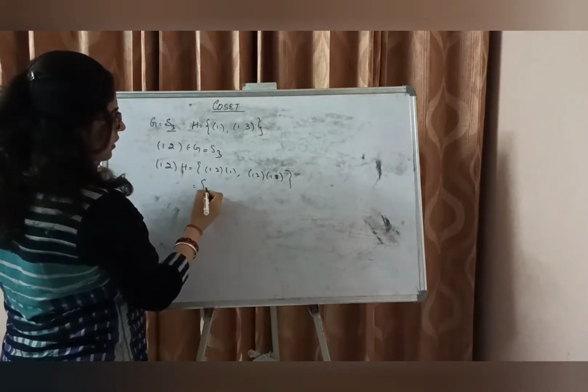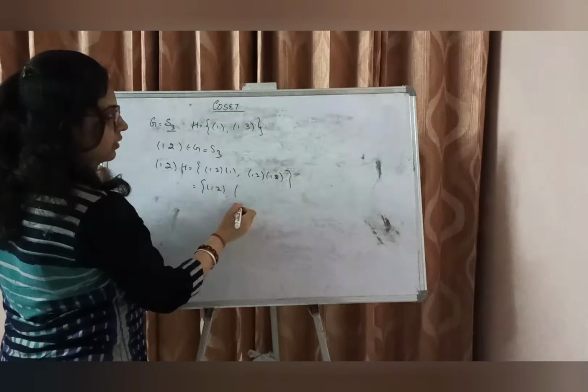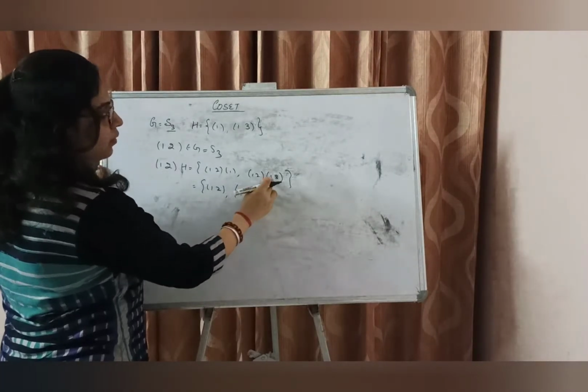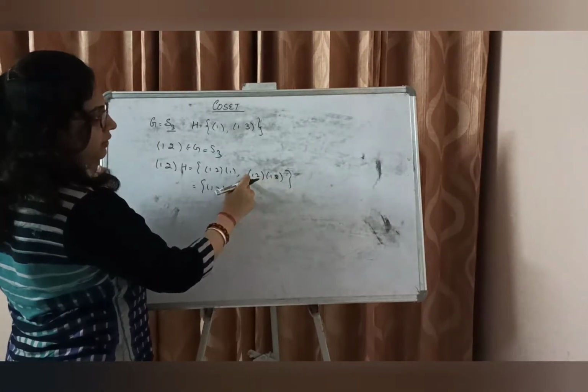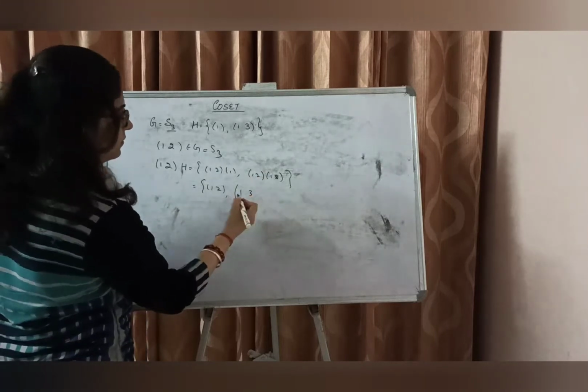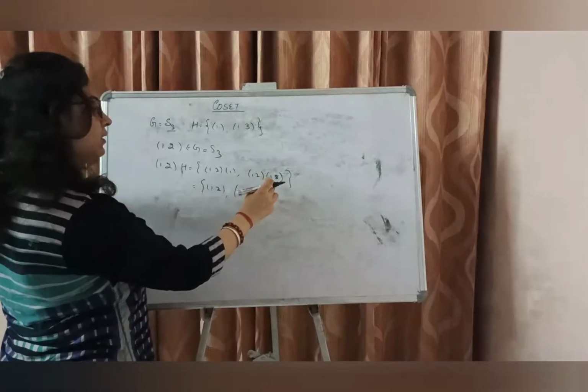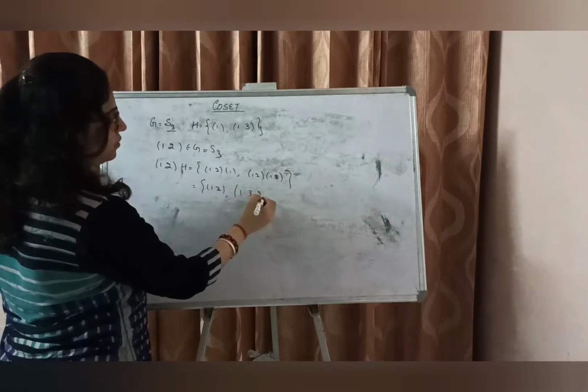Now what is its value? 1 goes to 3, 3 is fixed, and similarly 3 goes to 1 and 1 goes to 2.